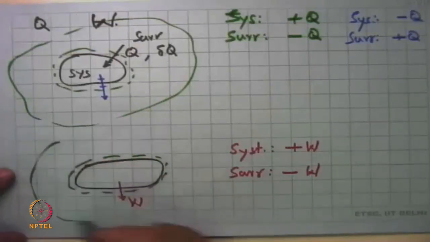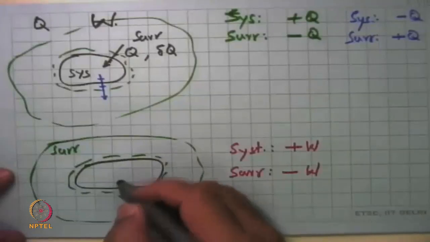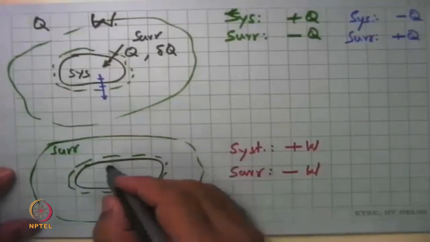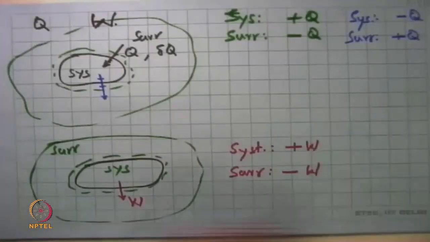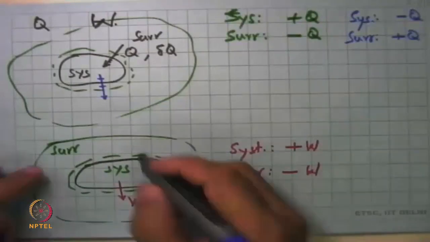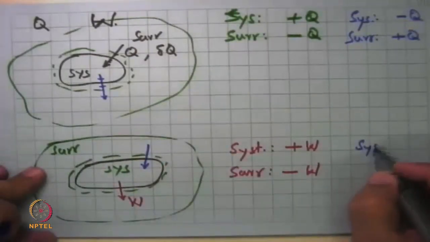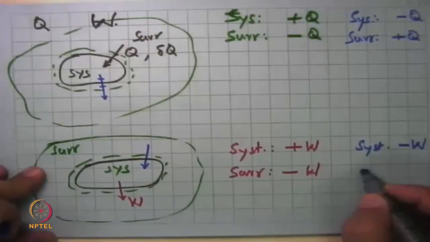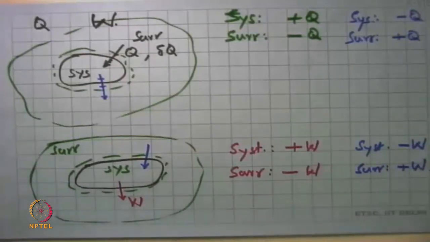Okay, so that is the surroundings, and the same W which was there for the system as plus W is minus W for the surroundings. And if you look at the opposite thing, if the surroundings do work on the system, then for the system this is minus W, and for the surroundings this is plus W. Okay, so that's a point to remember.